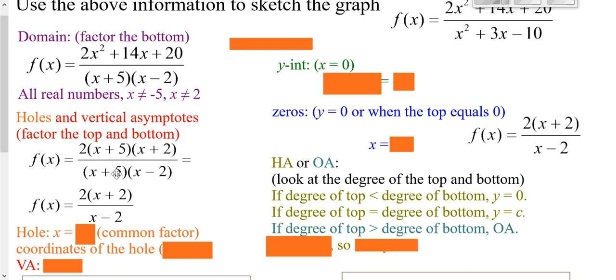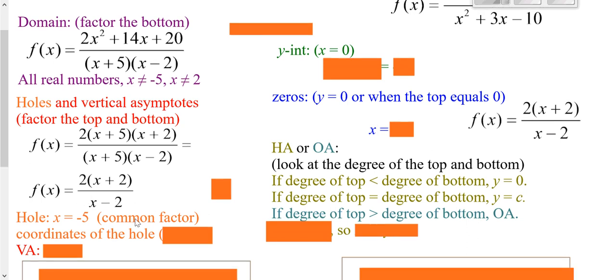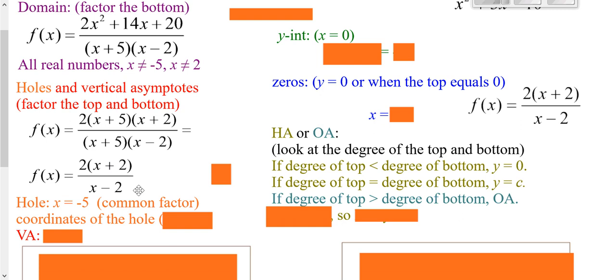So what causes that x plus 5 to be 0 is this here. That's a special form of 1 of x plus 5 over x plus 5, so we can work with just what's left, which is our simplified function right here. To find the y-coordinate of our hole, we take our x-coordinate of our hole and plug it into our simplified function. So the coordinates of our hole are this.